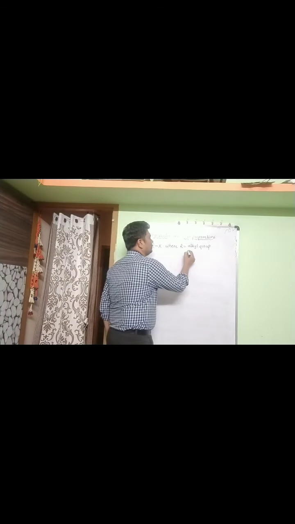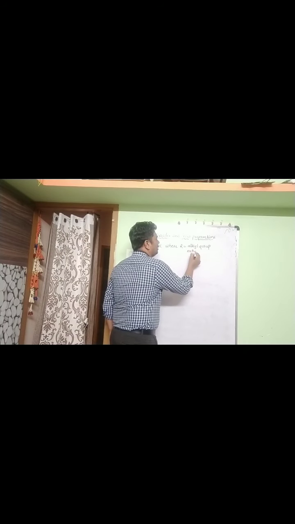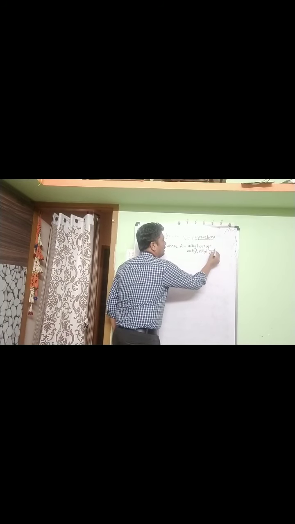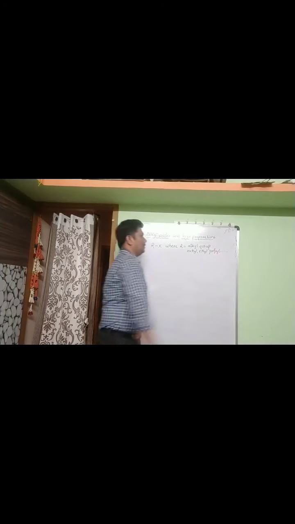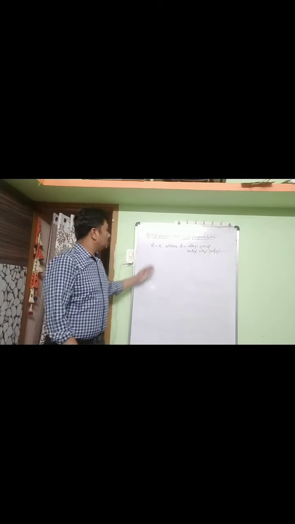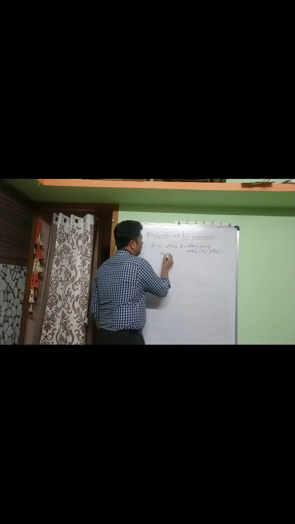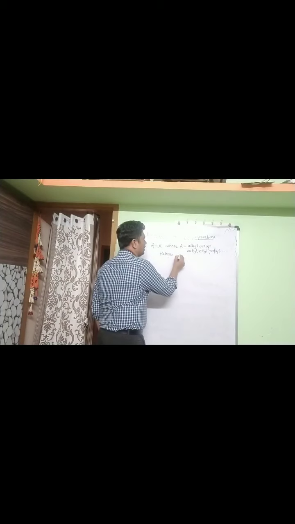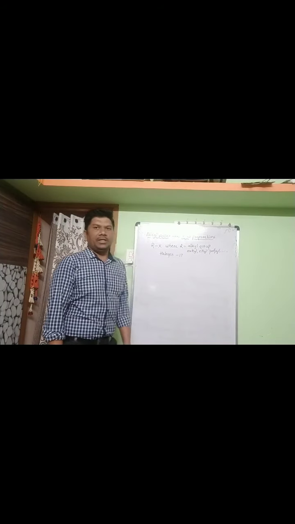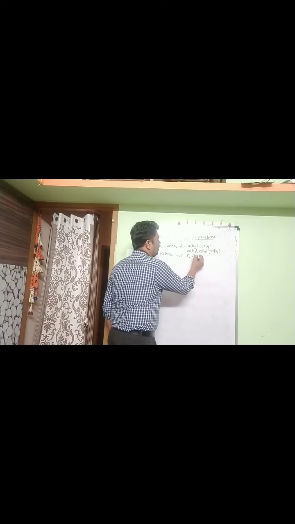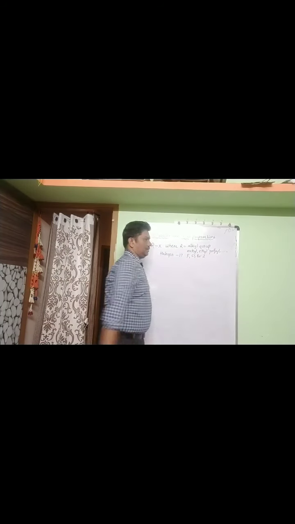It may be methyl, ethyl, propyl, like that. And X stands for halogen, that is group number 17 elements, that is fluorine, chlorine, bromine, iodine, like that.